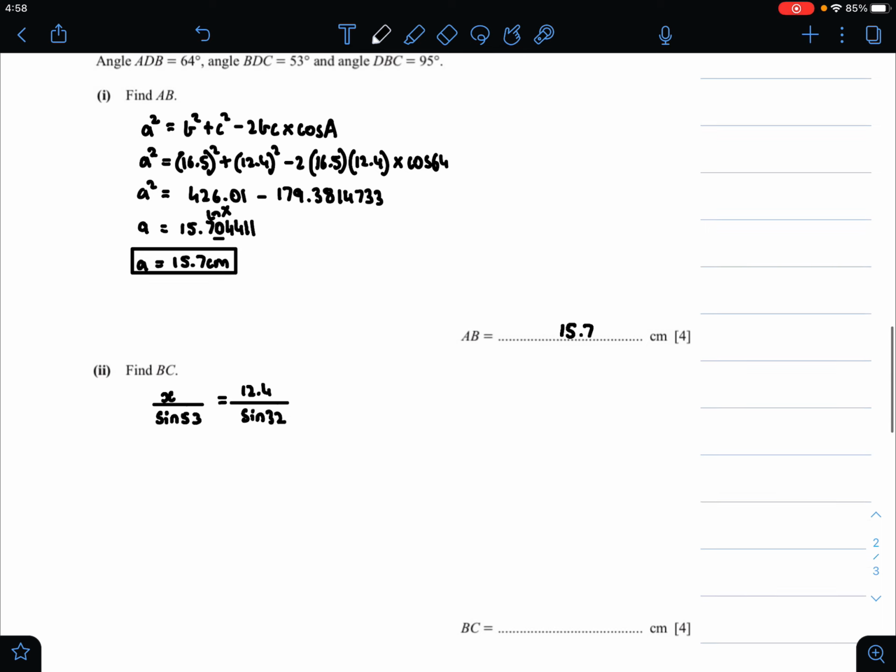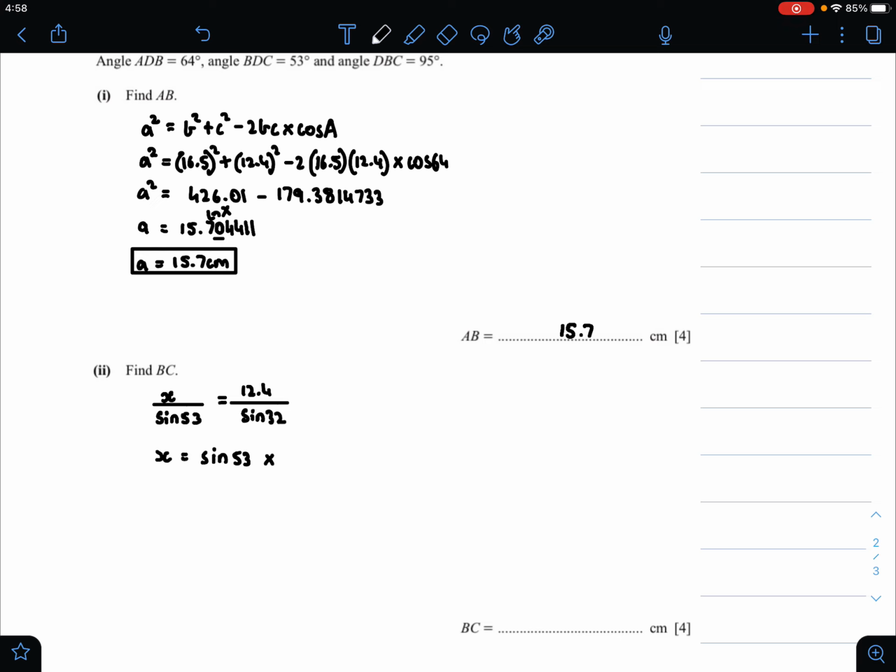Now all we need to do is solve for x. So therefore x is equal to sine 53 multiplied by 12.4 divided by sine 32.